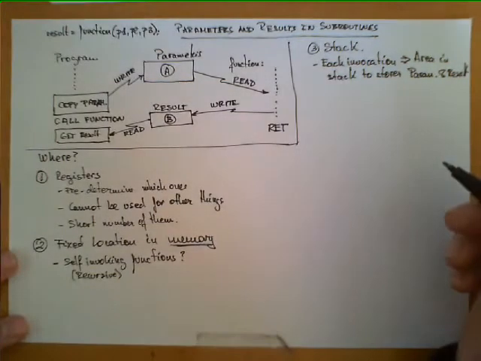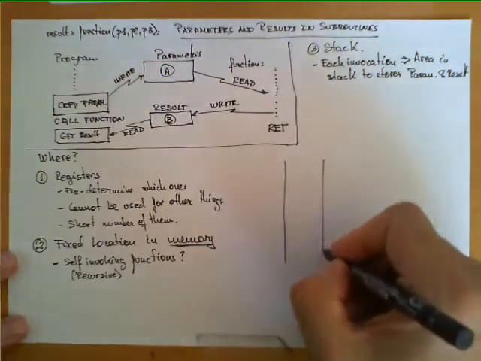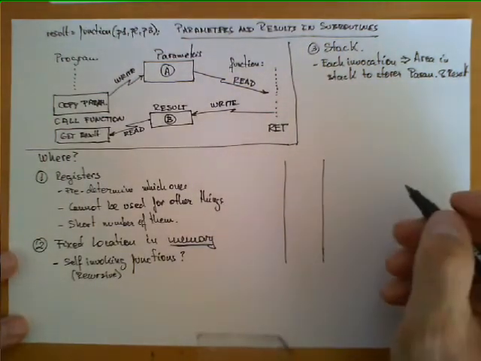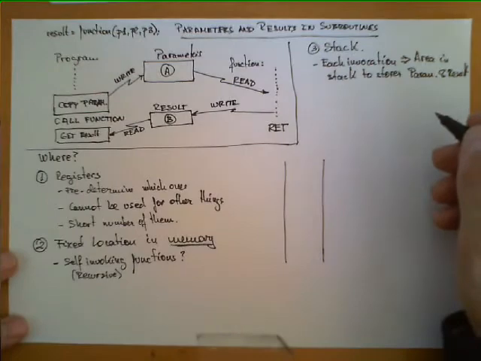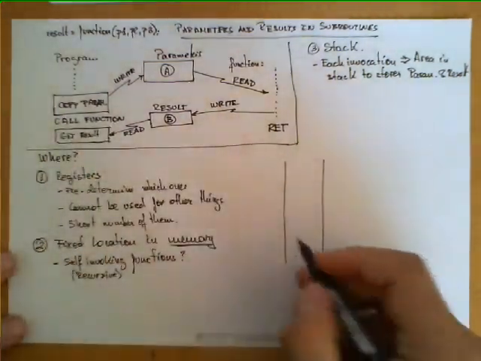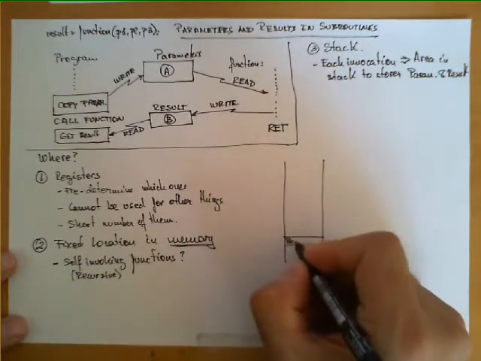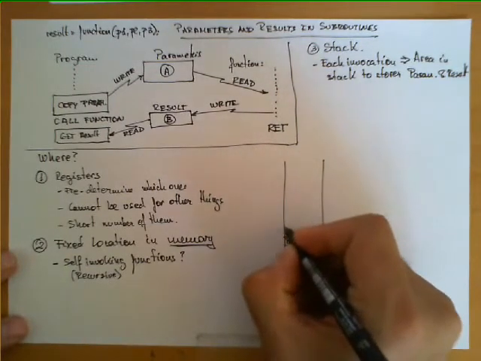What it means is the following. If I have my stack here, what is going to happen is my program is going to first execute certain instructions to prepare space for the result, or reserve space for the result.